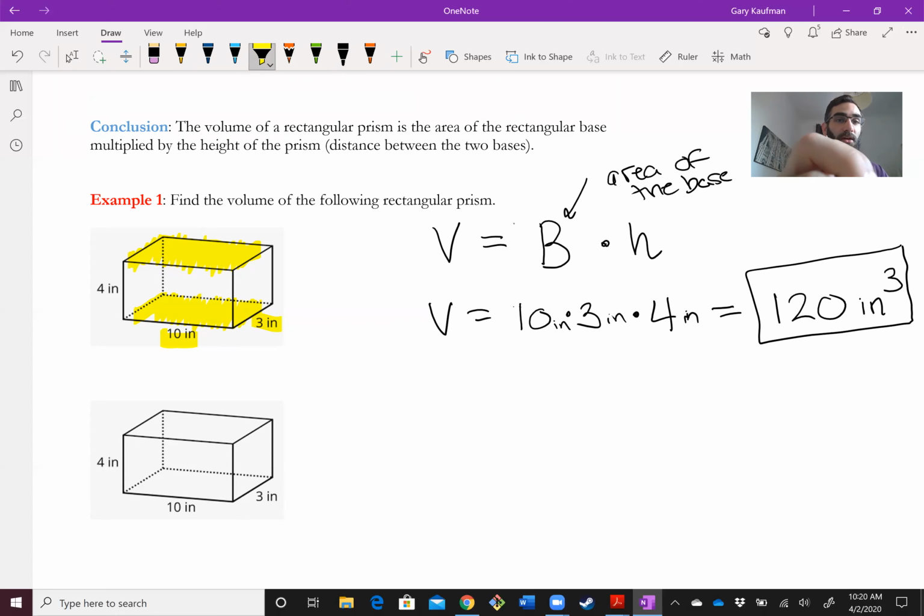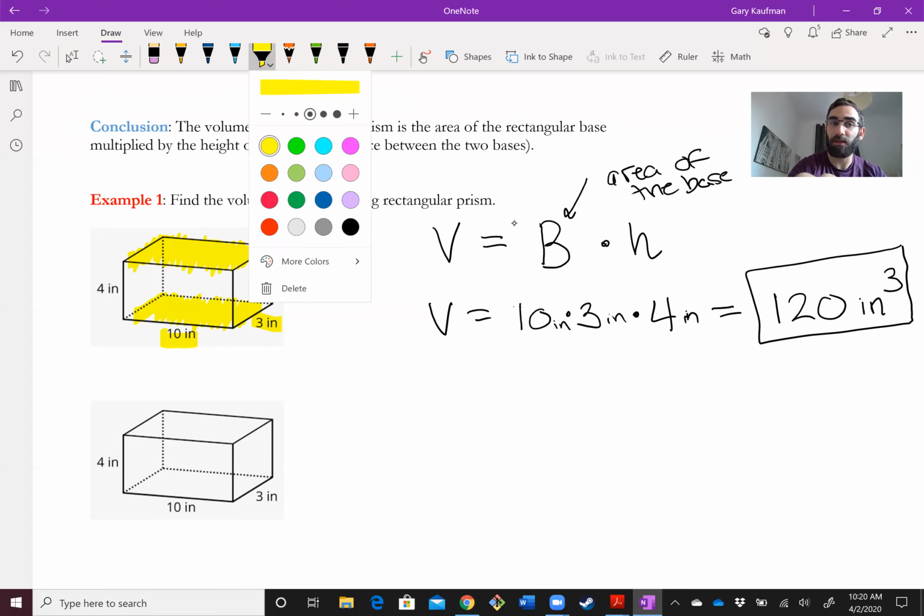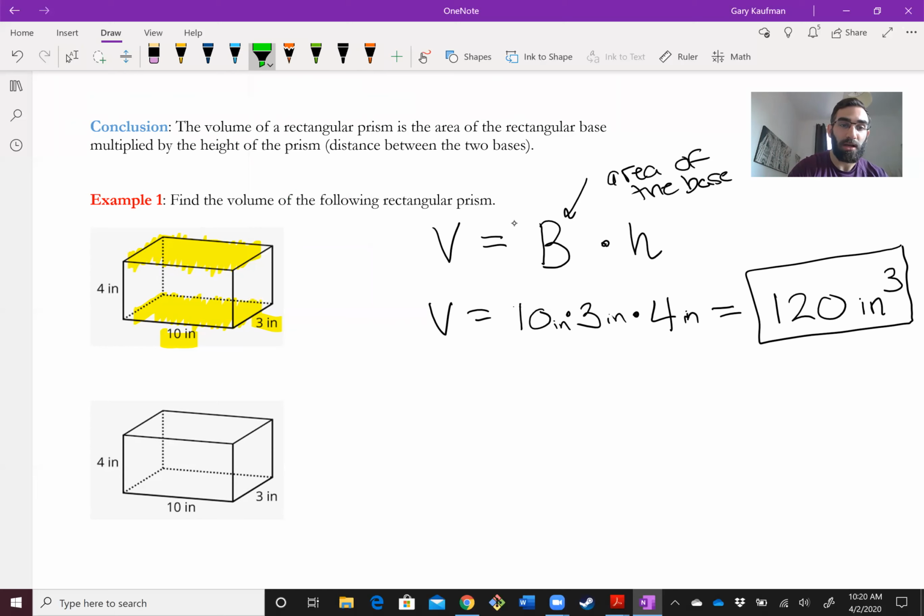Just for the sake of proving to you that it doesn't matter in a rectangle which one's the base, I'm going to now decide that this is my base. So therefore, there is my matching base. My dimensions of that are now a 3 by 4.